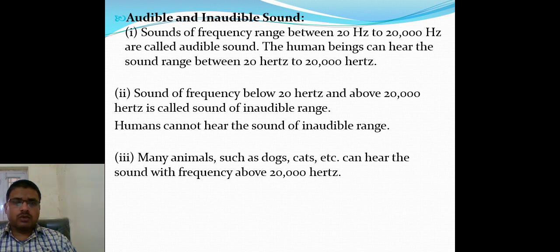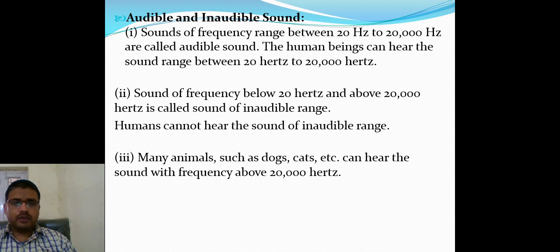Also, we have discussed some terminology which is used to identify the loudness and pitch, and that was the amplitude, frequency, and time period. And there is one relation between these, that is V is equal to, or we call it V means nu is equal to n into lambda.